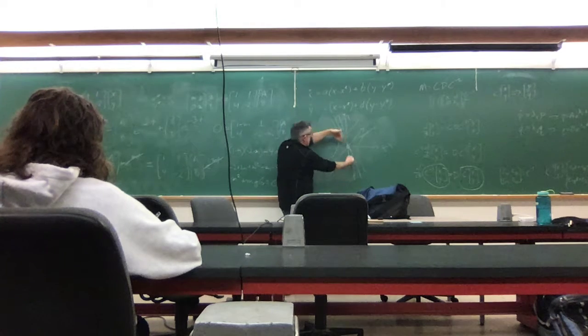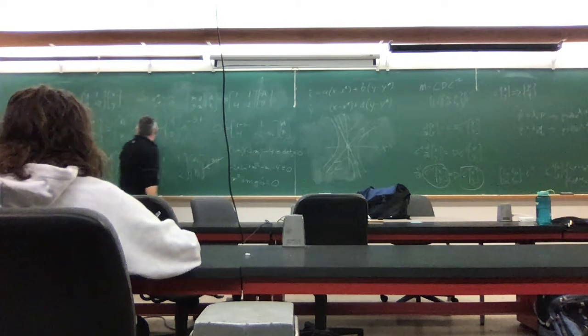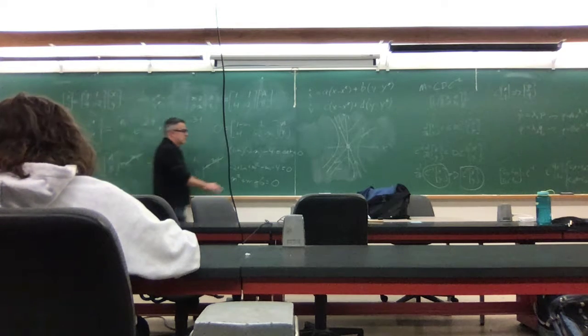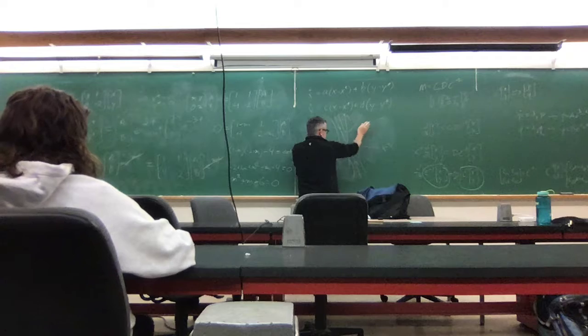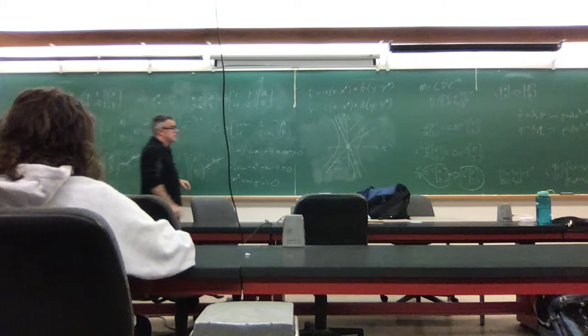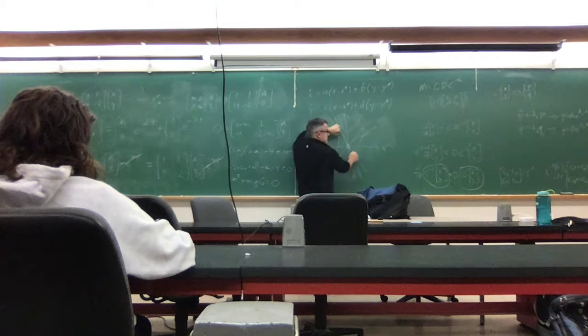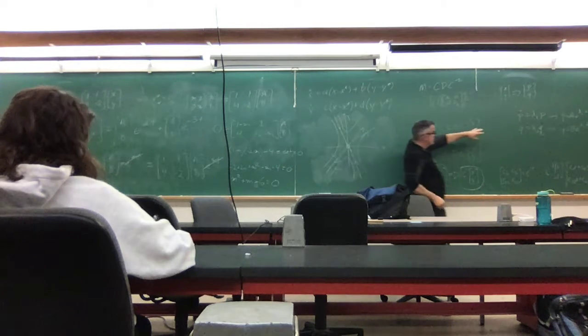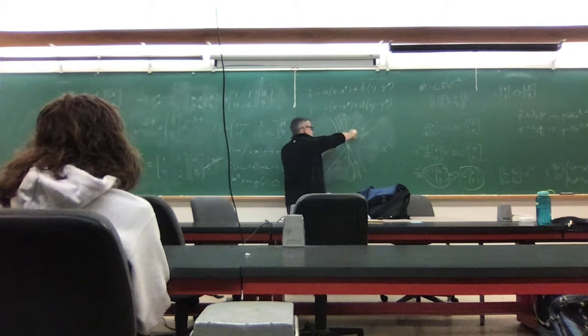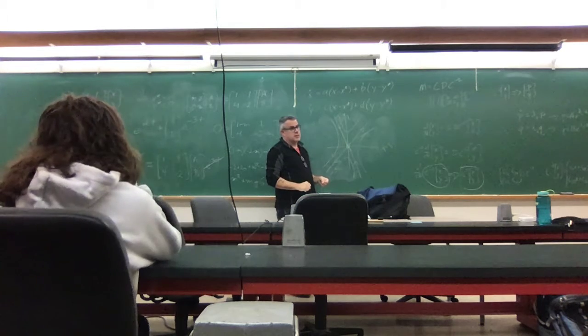And this collapsing direction is what is coming from this part of the solution. This exploding direction is coming from this part of the solution. The orientation of this line is the orientation of the P eigenvector. The orientation of this line is the orientation of the Q eigenvector.